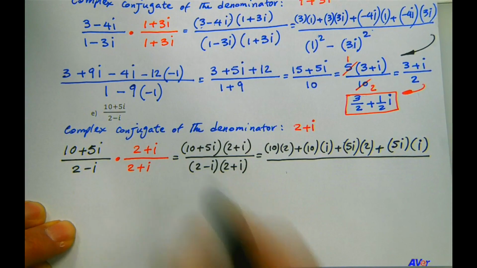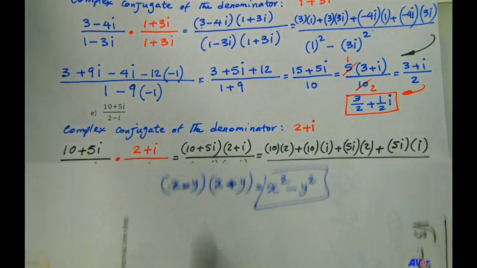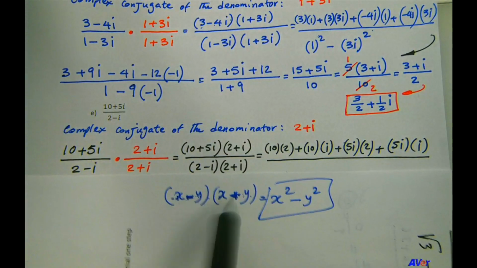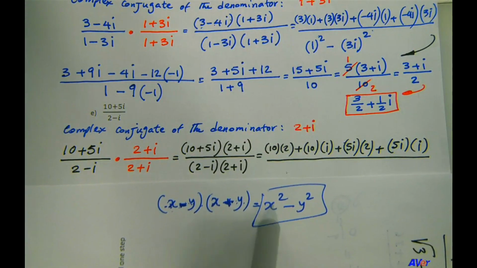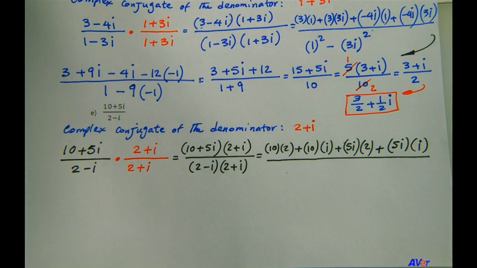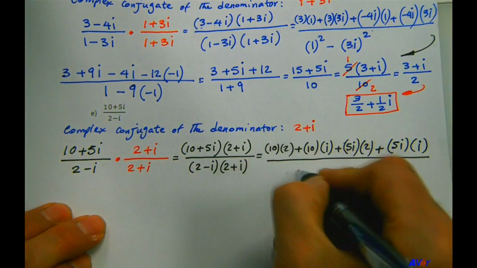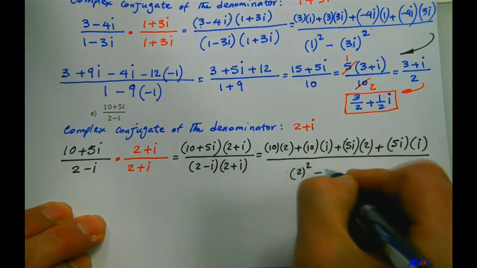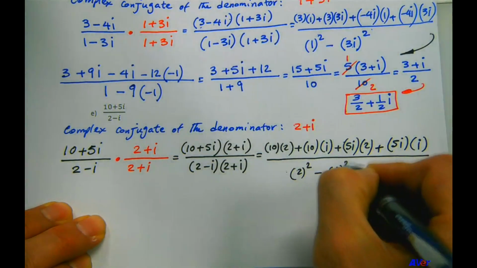So let's FOIL this. Using that special product formula, which I talked about earlier, x minus y times x plus y is x squared minus y squared, right? So we have that scenario here. So we have 2 squared minus i squared.